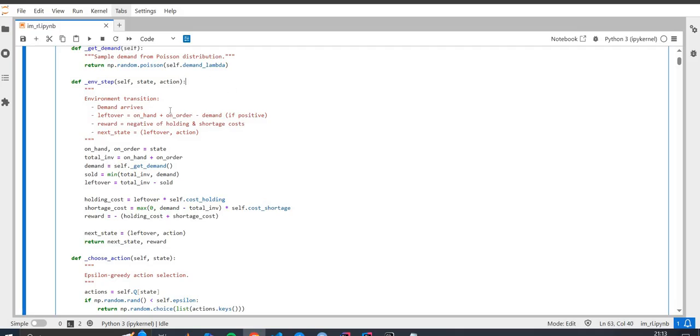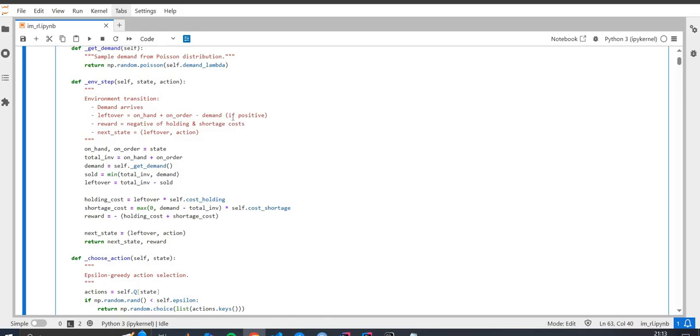Okay, and now environment step is where the environment actually updates based on the agent's actions. The agent starts with a certain amount of inventory and some incoming stock. Then demand arrives and the agent sells as much as possible, either the full demand amount or whatever it has available.